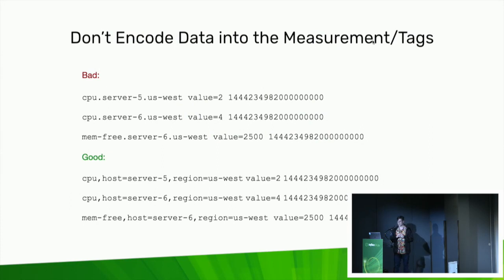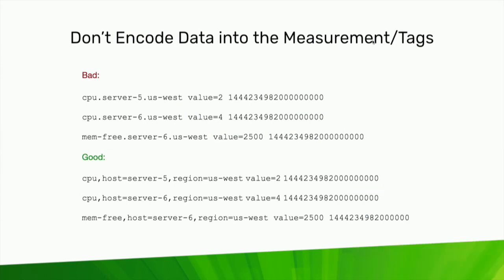So one thing that you should really avoid doing is encoding data into measurement names and tags. This came a lot from the days when we would see Graphite users, where you would end up with this really long single measurement name that contained all of the data that can be separated down into different chunks. So you'd have something like cpu.server5.uswest with a field of value 2, right?